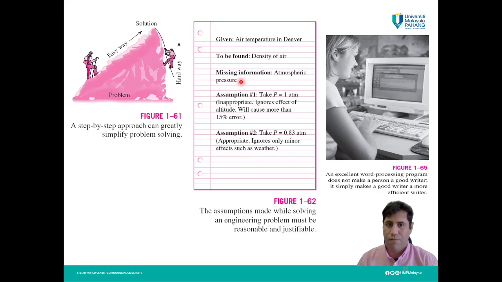So in this example, when we have the air temperature in some place and we are going to find the density of the air, we can't ignore the atmospheric pressure. We should know that and consider it, but we can forget about environmental conditions like wind on that day. It may not affect the final value for the density of the air in that area very much.